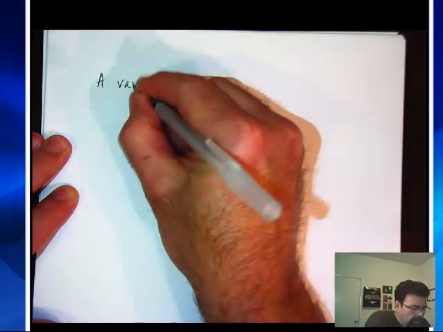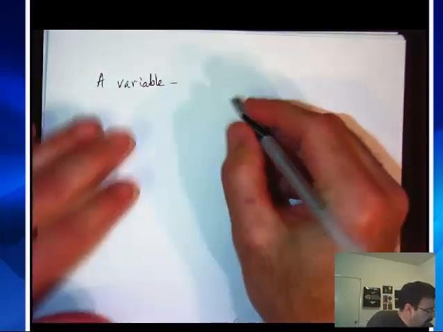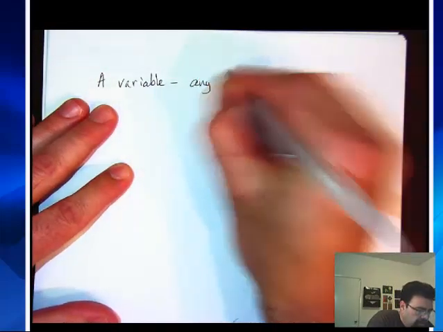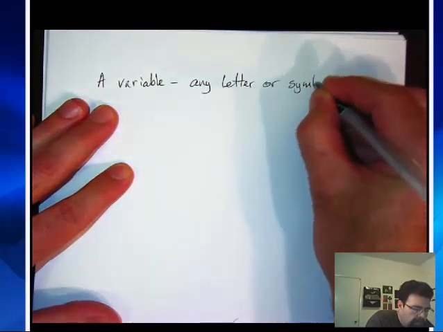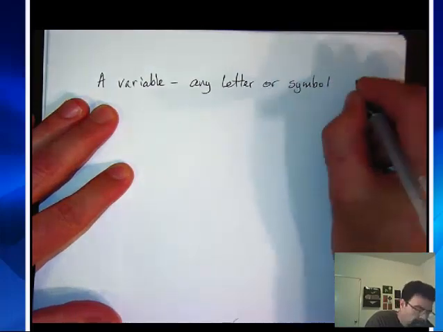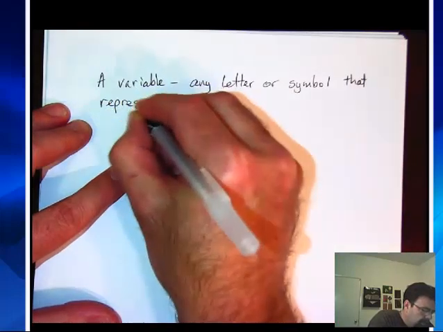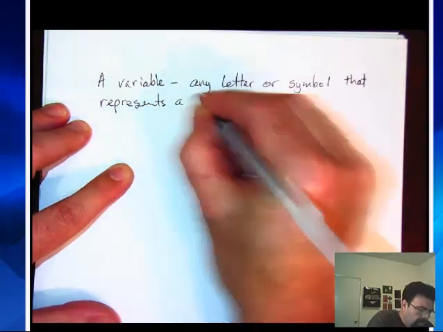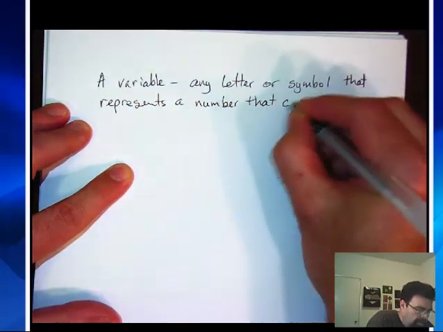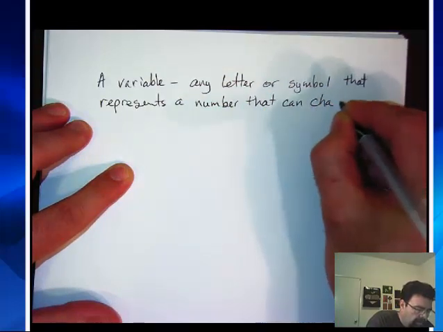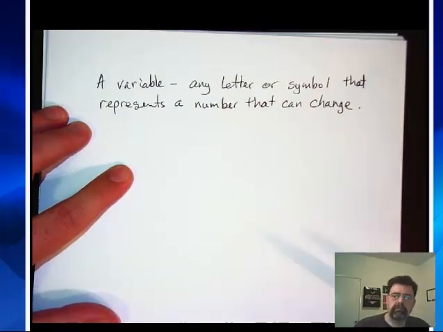A variable is any letter or symbol that represents a number that can vary, that can change, hence a variable. So variables, the value of variables can change.